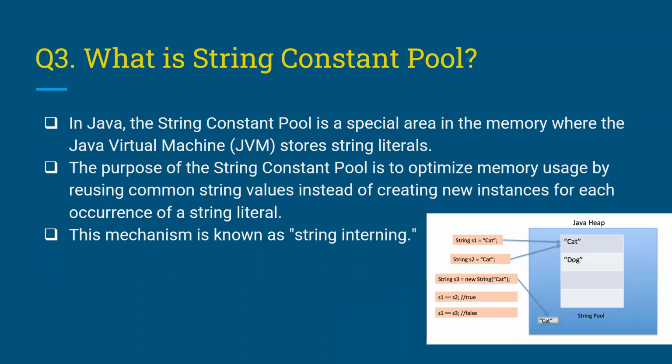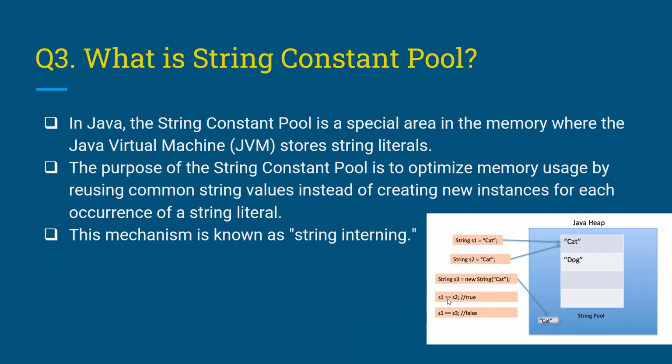That's the answer. And the third thing: if you see the string str using new here, as I said, it is going to occupy inside the heap as well as the string constant pool. But since the string constant pool already has it, it will not create it there; it will create only in the heap memory.